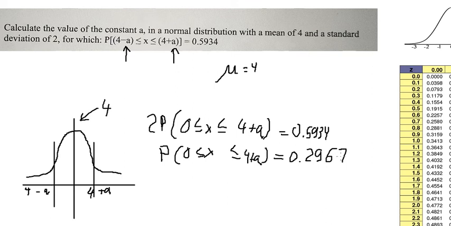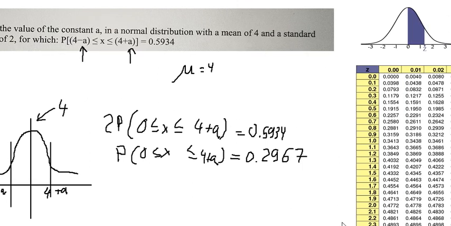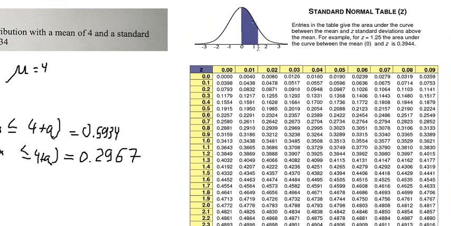0.2967. Now we need to use the table in here. I will find this area on the right and we need to find the P with 0.2967. If we look carefully, that's about this number in here. This is very close to the number we need to find.